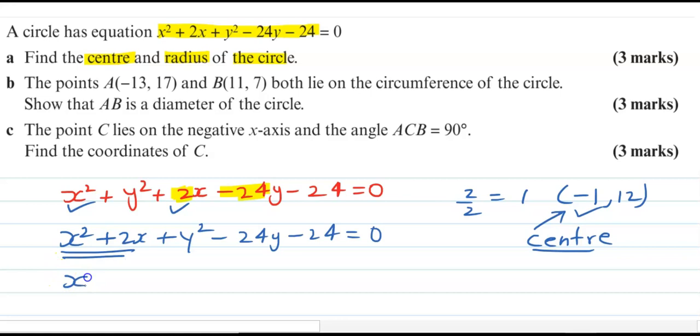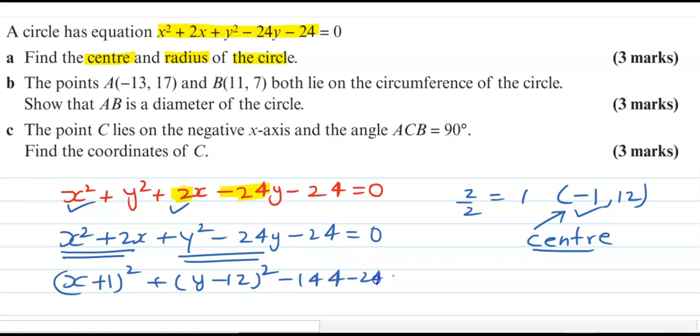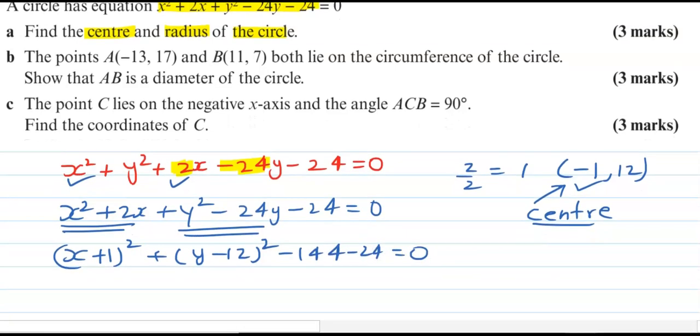So it will be x plus 1 square, and this we can write down y minus 12 square. Okay, we will add minus 144 and minus 24.